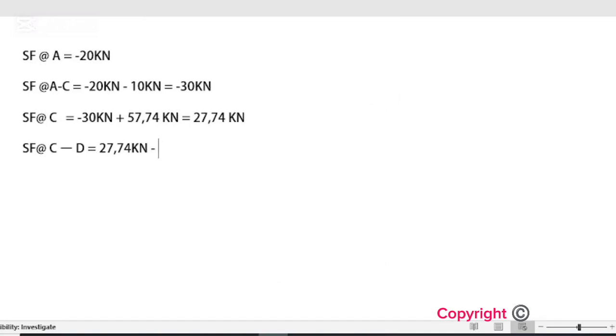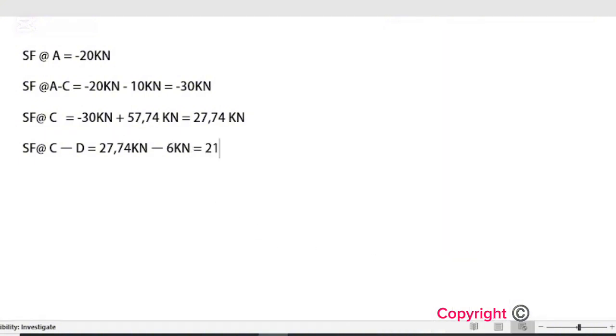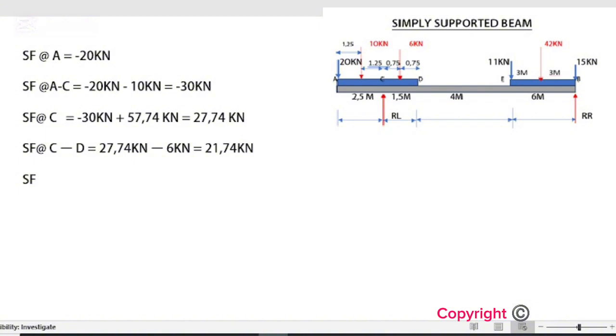So let's go and get the answer. We'll say 27.74 minus 6 is 21.74. This is 21.74 kilonewton.